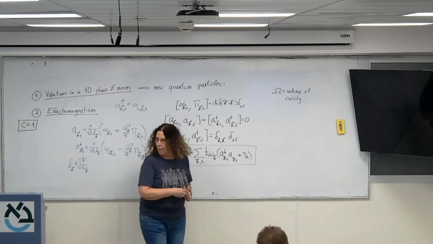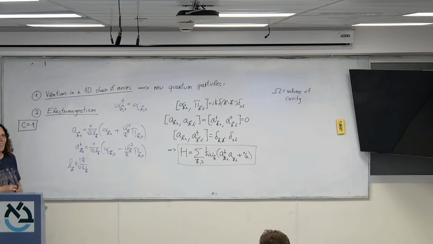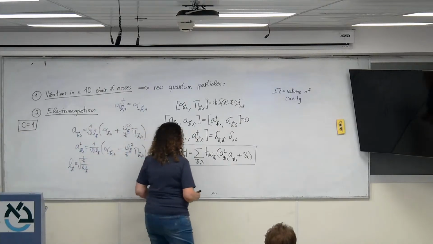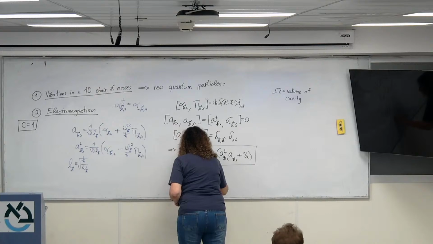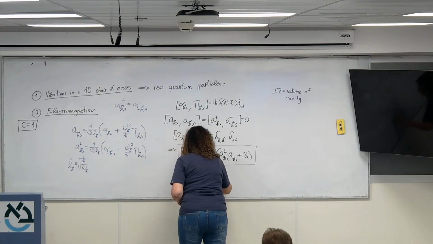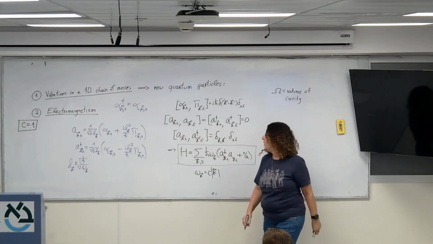Where omega is, now let's bring back the velocity of light to be physical, this omega is just c times k. Here really c is the velocity of light.